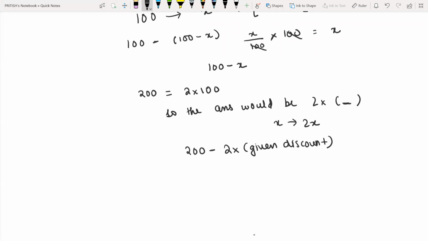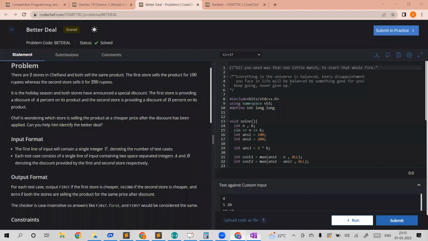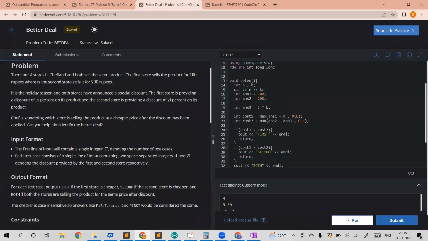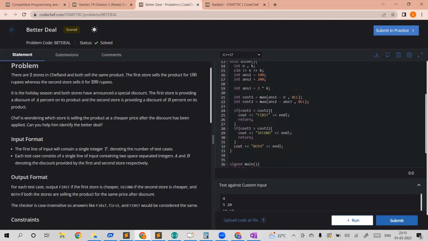And if they are the same, then we'll print both. And if any of them is greater, then we will print the greater one. So I'm really sorry about it. So see the code here. Is the code visible to you all? I have taken ans1 equal to 100, ans2 equal to 200, and ans3 as 2 into k.